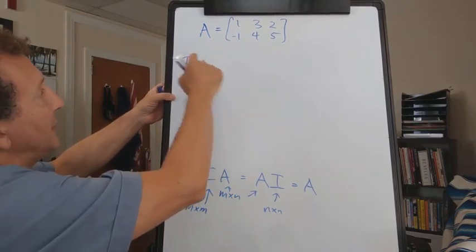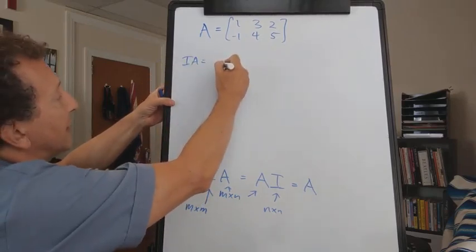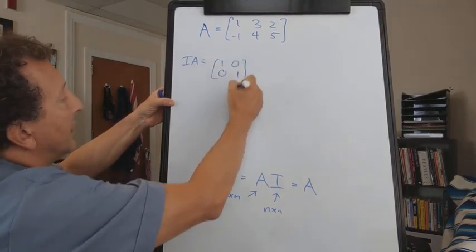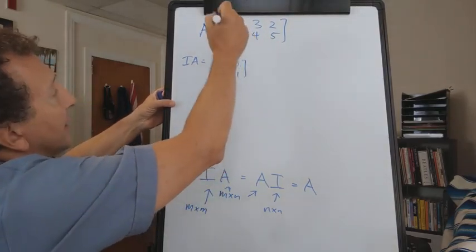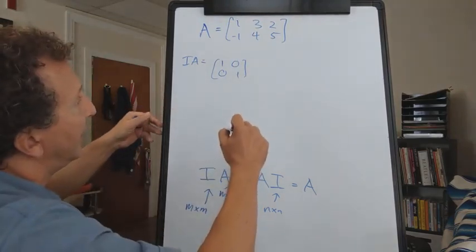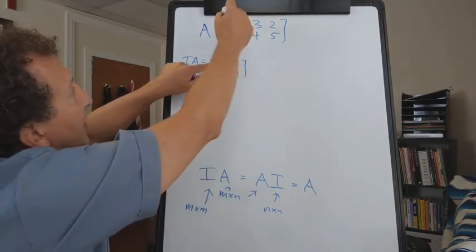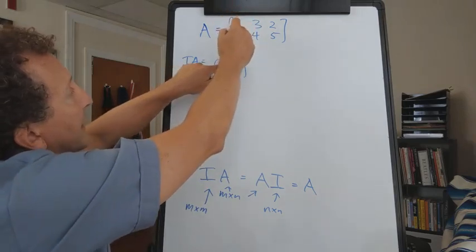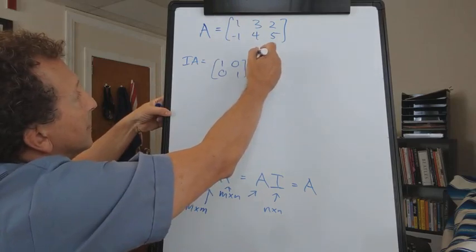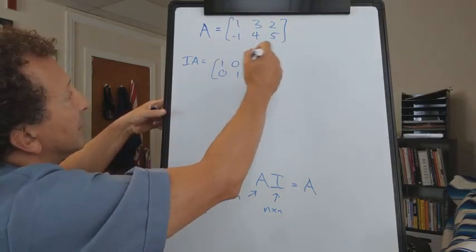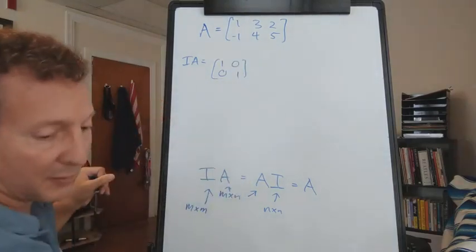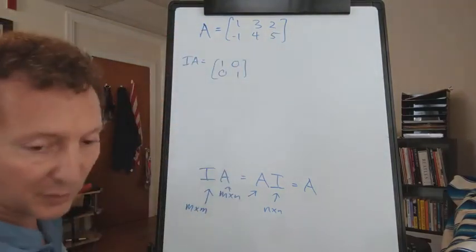So by IA, I mean the 2 by 2 identity matrix I times A. I'll just leave it here. So 1 minus 0 is 1. No, I'm going to move this A over so we can see it better.